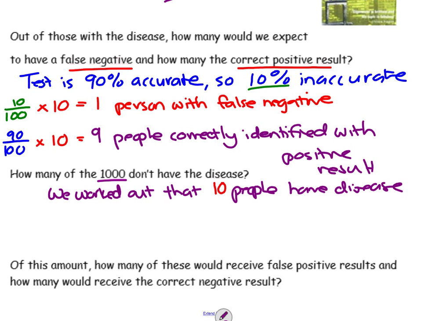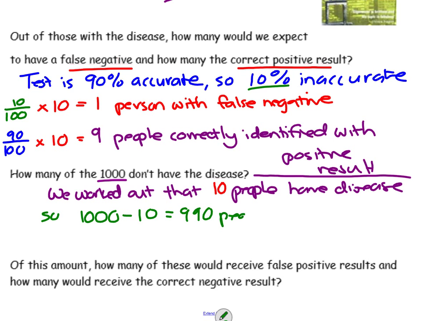So that was important. Therefore, if out of 1,000 people, 10 have the disease, 1,000 minus 10 equals 990 people don't have the disease. So that's a bit more straightforward, that one.